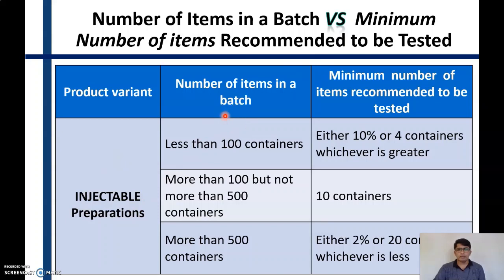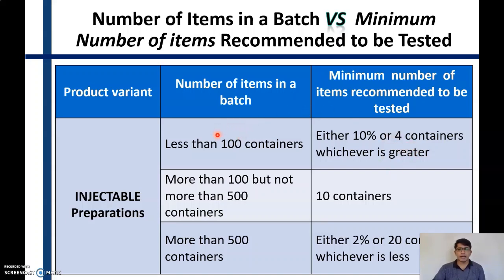If the number of containers in a batch is less than 100, we have to take either 10% or 4 containers, whichever is greater. Which means if our batch production is 30, we have to take 10% of the 30, that is 3 bottles, or 4 containers, whichever is greater. Since 4 is greater than 3, we have to take 4 containers.